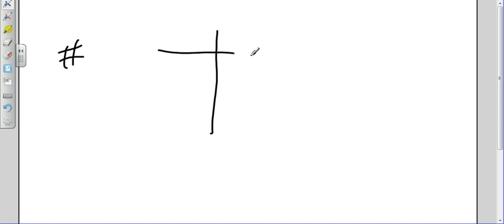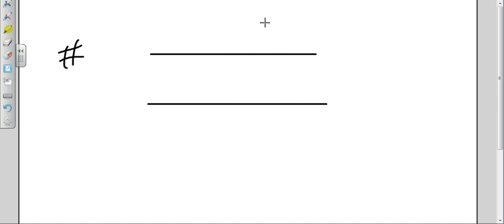And I've got a transversal, and I have two parallel lines. And let's see if I can do that better than that. So I've got two parallel lines, and I got a transversal crossing those two parallel lines.